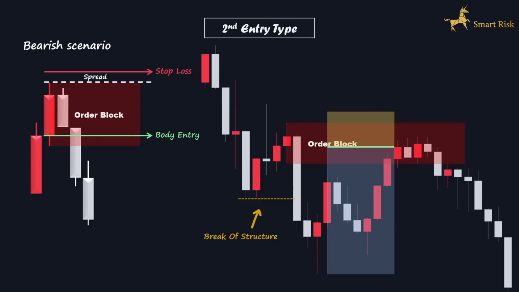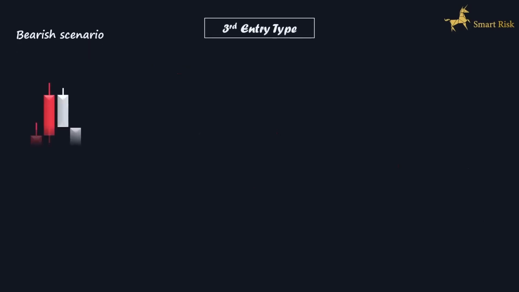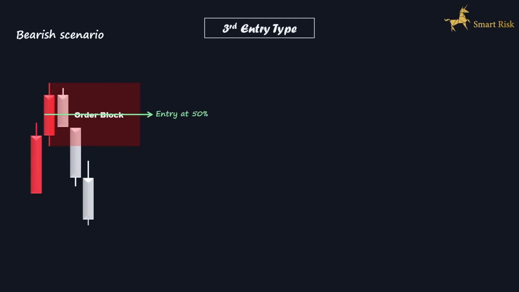Let's move to the next entry type. The third type of entry, which I personally prefer and utilize more frequently in my trading plan, involves placing the entry at the midpoint of the order block zone once a valid order block is identified. In the case of a bearish scenario, the stop loss is positioned a spread size above the highest point of the order block.